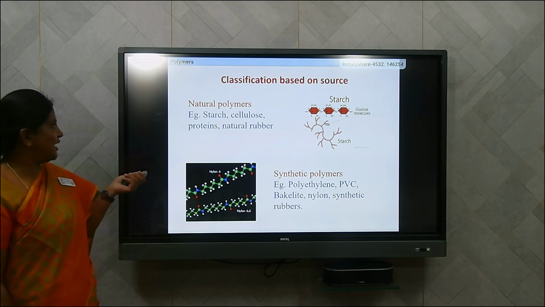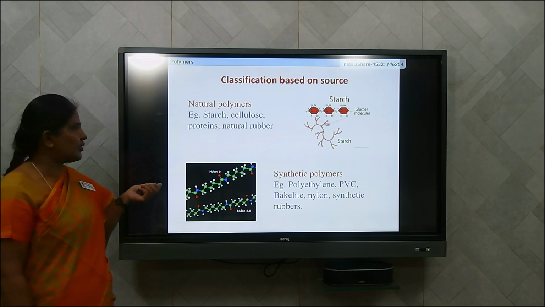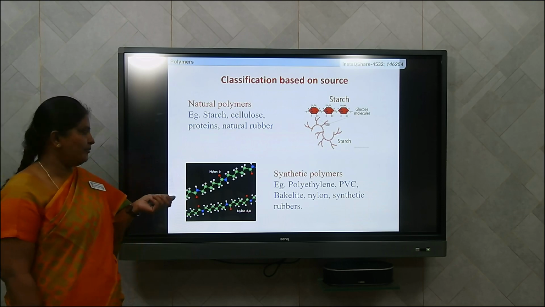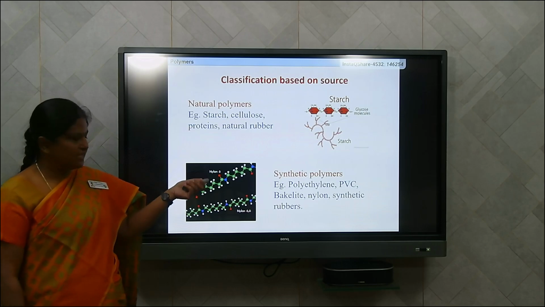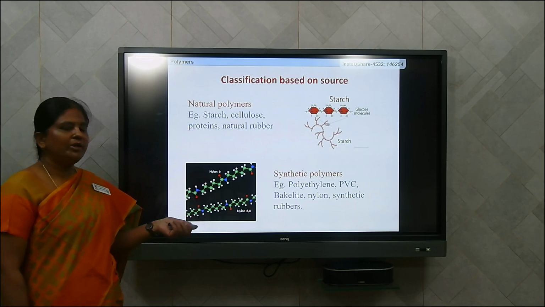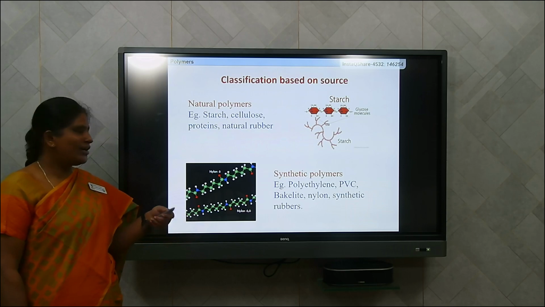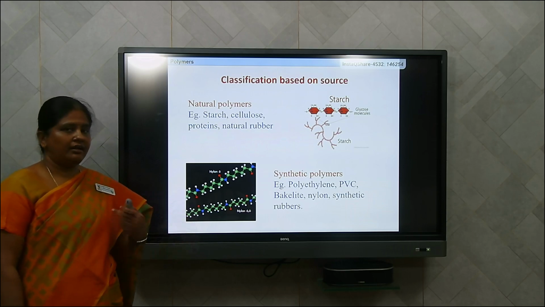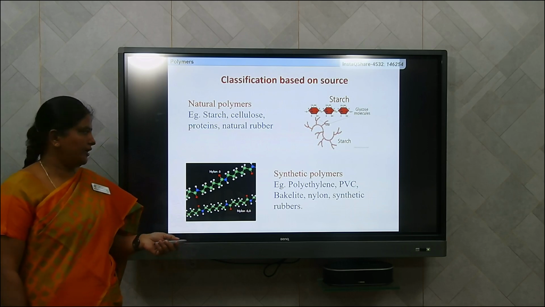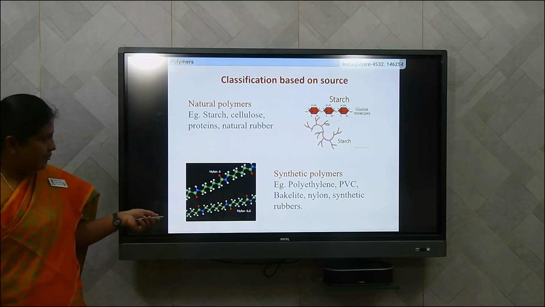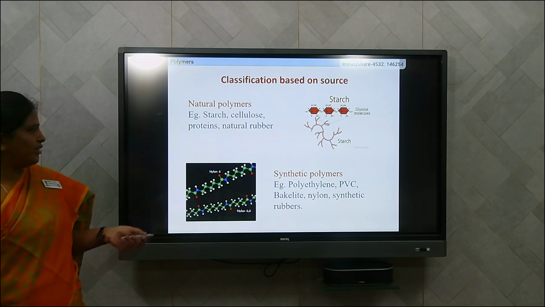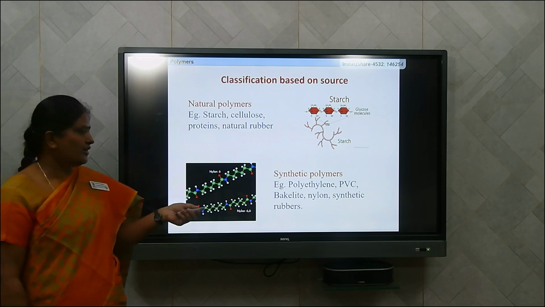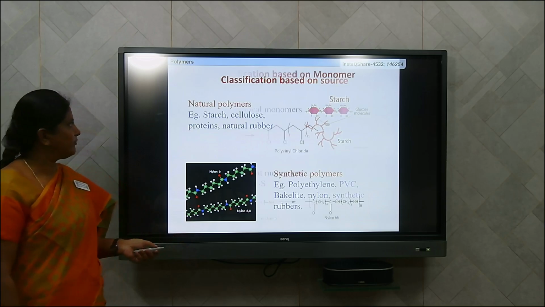Here you can see examples: starch, cellulose, proteins, natural rubber. Whereas synthetic polymers are obtained by laboratory techniques, that is, they are prepared artificially. Examples here are polyethylene, PVC, bakelite, nylon, synthetic rubbers.